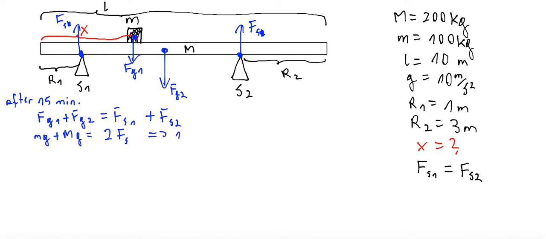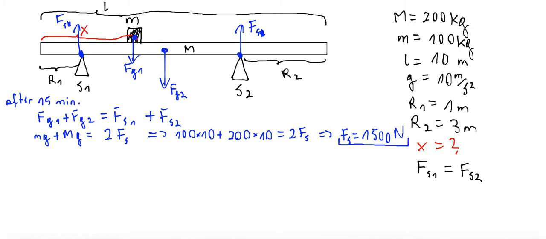Small mass 100 times g 10 plus huge mass 200 times g 10 is equal to 2Fs. It's 2Fs, not Fg, of course. Okay, so we have here 1000 and 2000, together 3000. 3000 divided by 2 is 1,500 newtons. So by using translational equilibrium, we've obtained the force exerted by each support as 1,500 newtons.